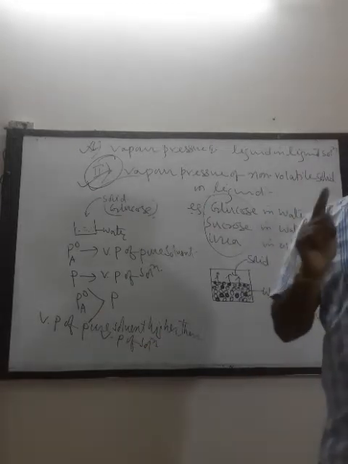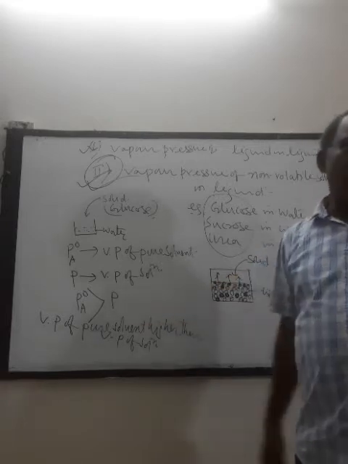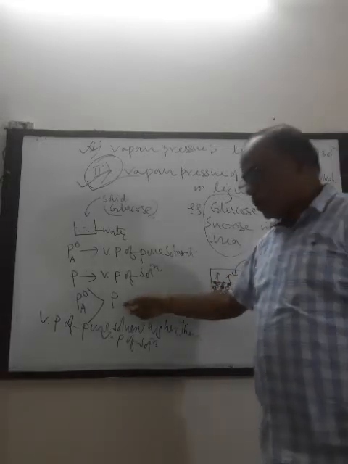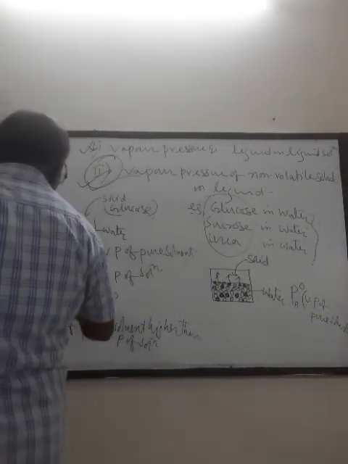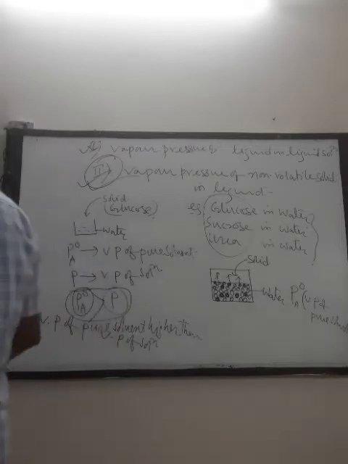Number one, less surface area is available in solution, and number two, more solid-liquid interaction in solution. So it is clear that the vapor pressure of pure solvent is always higher than the vapor pressure of solution.